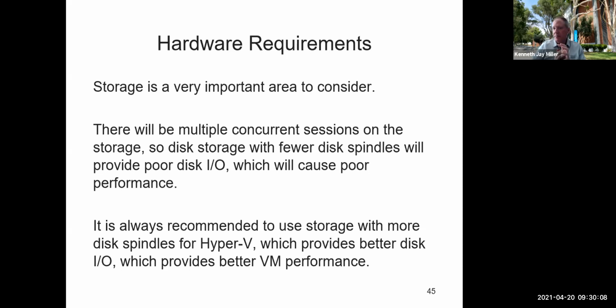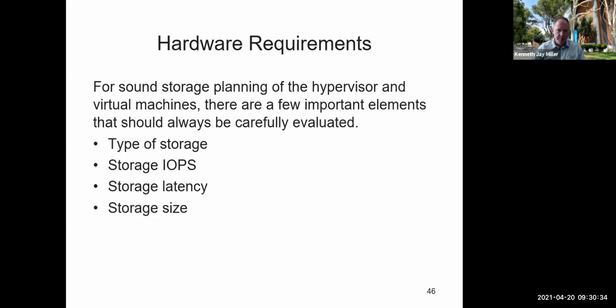We're going to use the same disk drive for our virtual machines as we use for our hypervisor, which can cause poor performance. Now, we won't notice that because we're running these VMs for a couple hours once a week. They're not doing a lot. Okay, now it's always recommended to use storage with more spindles for Hyper-V, which provides better input output, which provides better performance.